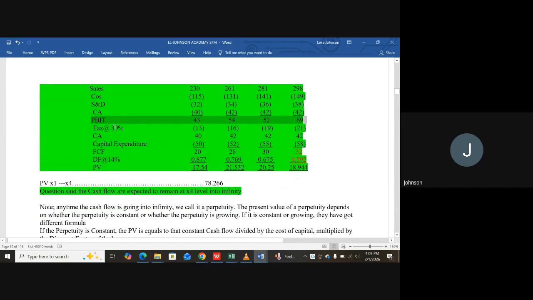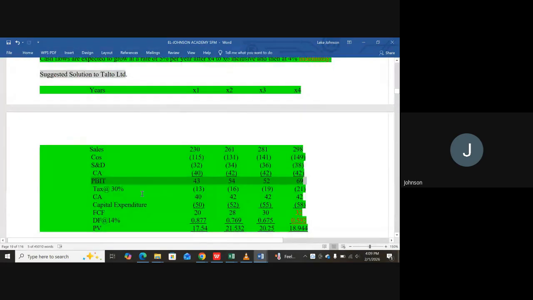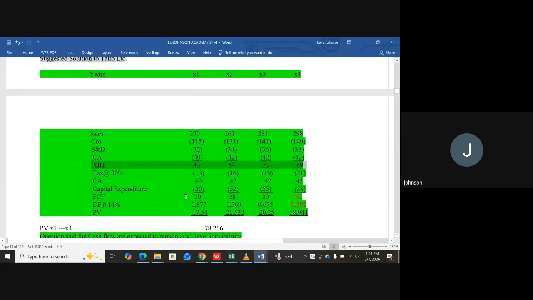Because of that, we will not subtract our interest, though they gave us the interest rate in the question. This is the interest rate, 18, 16, and so on and so forth. So we will not deduct interest because the free cash flow we are trying to get is for the total company.